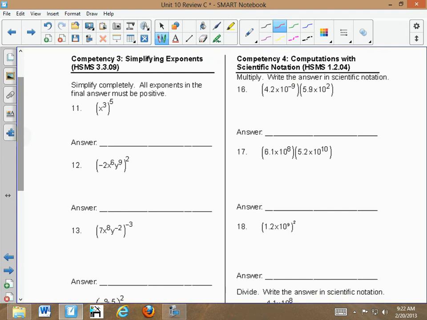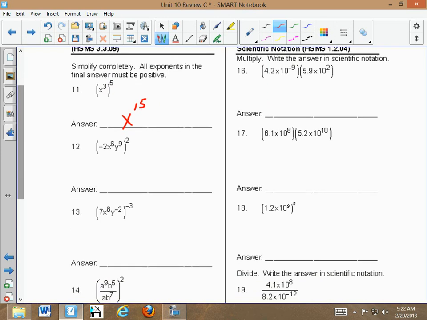Competency 3, simplifying exponents. This we know is... Pow! Did I scare you, Kevin? Oh, good. This is pow pow. Power to power. Anytime you have power to power, you multiply. 3 times 5, x to the 15th. Now, what you need to remember is, this 2 has an exponent of a 1.